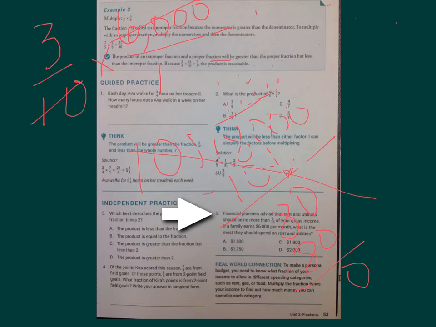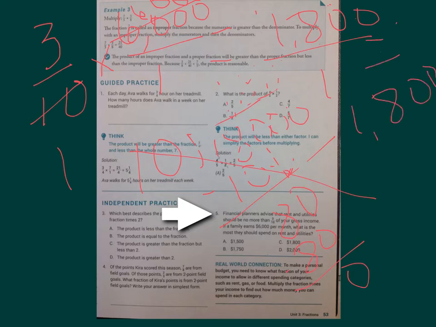So 10 will divide into 10 1 time, and then 10 will divide into 6,000 600 times. And then we'll just multiply. So we know 3 times 600 is going to be 1,800. And then 1 times 1 is 1. So our answer again is 1,800. All right, let's go to number 6.